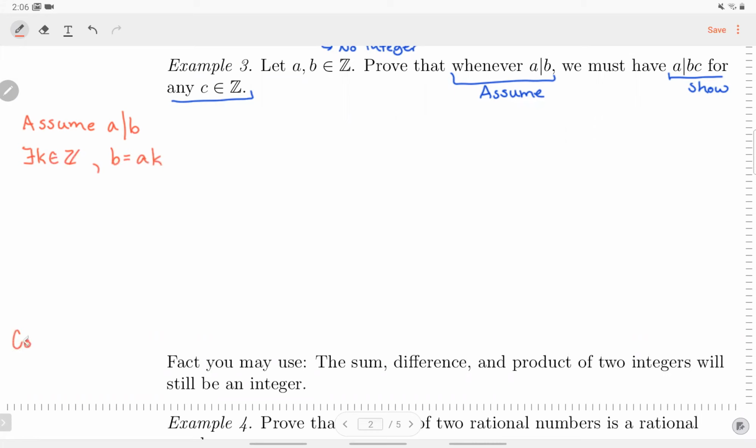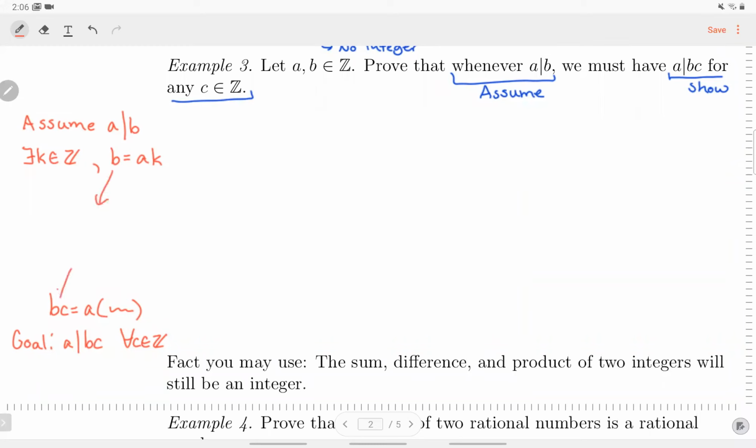My goal is A divides BC for every C in the integers. So that means I want BC to equal A times some sort of integer. If I could get BC to equal A times some integer, then A divides BC, because that's what my definition says. Well, look at this, B equals AK, and I want BC.